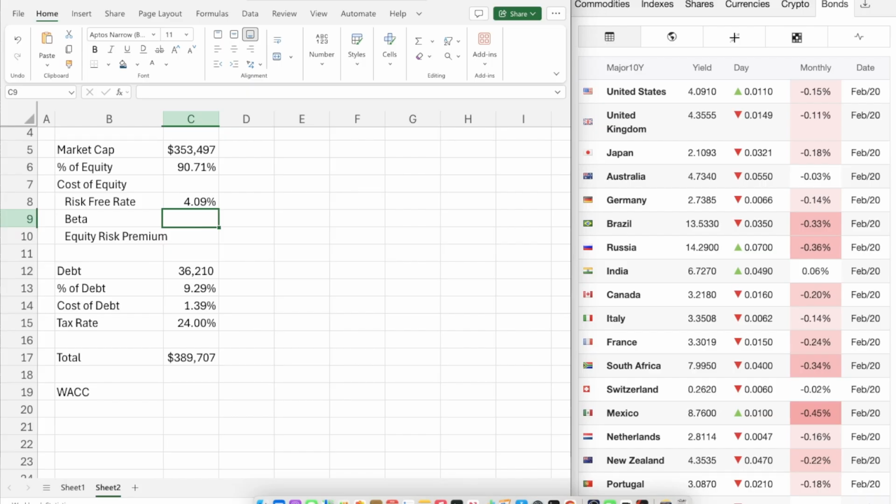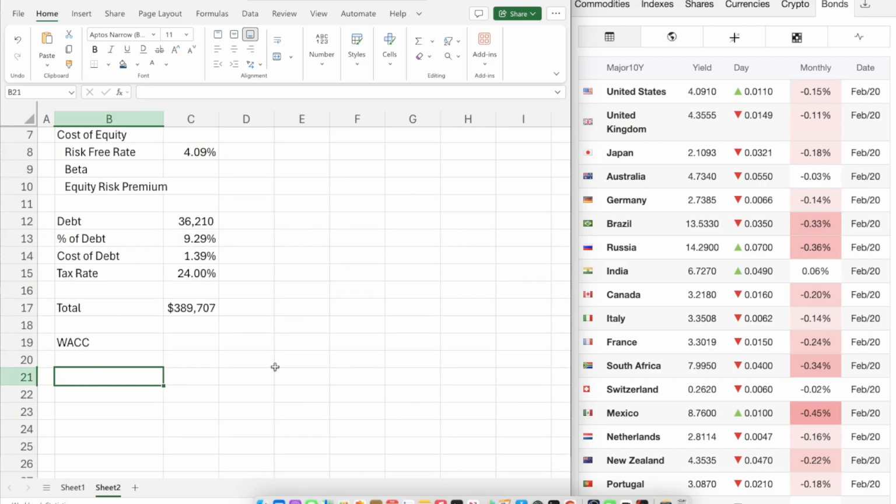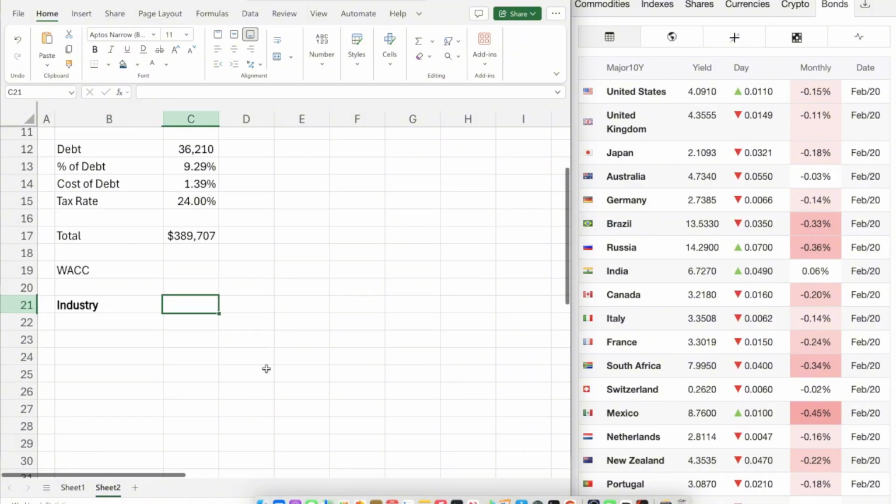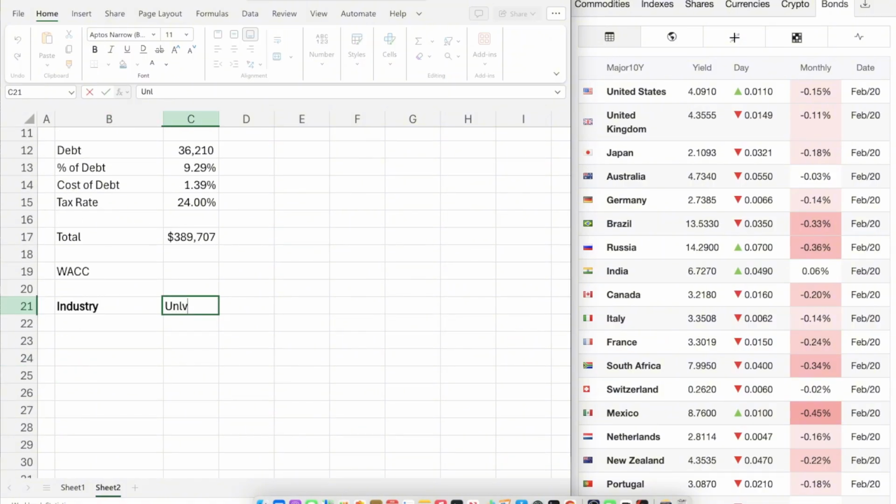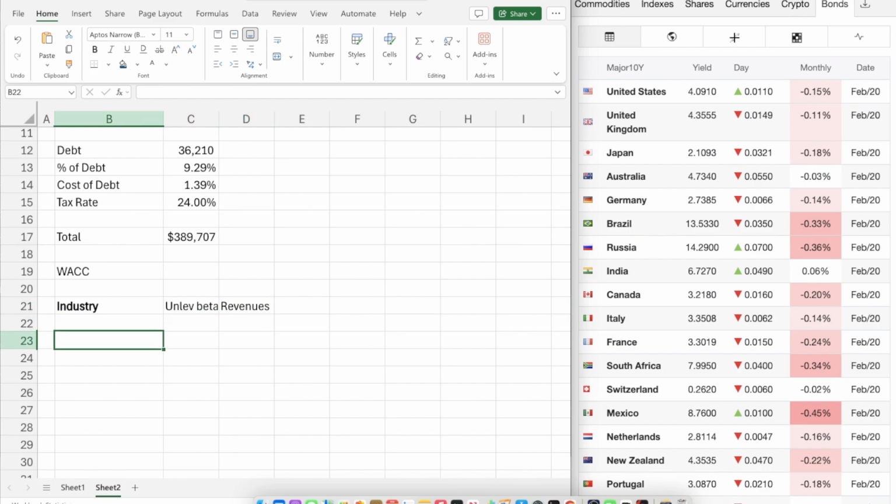And the beta. So we have to decide the industries that Caterpillar operates in. We want to know what the unlevered betas are for those industries. We need the revenues for Caterpillar from those when we break it down.